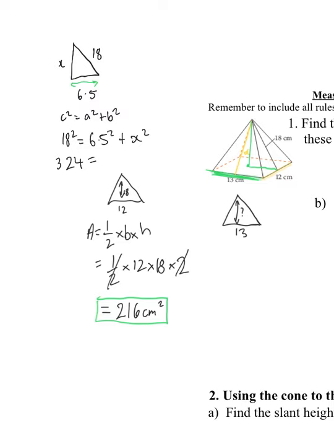And 6.5 squared is 42.25. So guys, if you used 18 as a slant height for the other pairing, you'll be slightly off, not far off, but just slightly off. It's a little bit different. So what I'm going to do here is minus the 42.25 to the left side. It leaves us with X squared is 324 minus that 42.25.